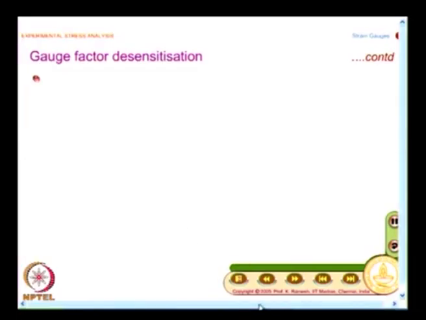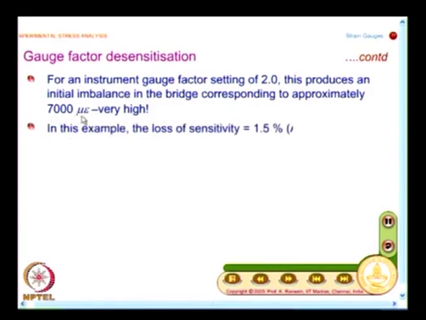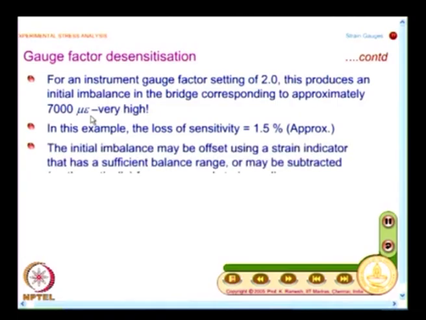When I have 1.7 ohms, I find the equivalence in terms of strain is 7000 micro strain. And we have already seen in the case of most engineering materials, at 0.2% strain the material yields, 0.2% is 2000 micro strain.